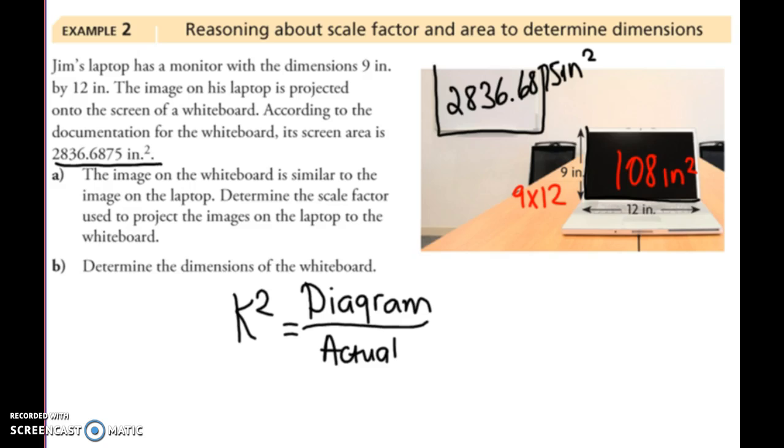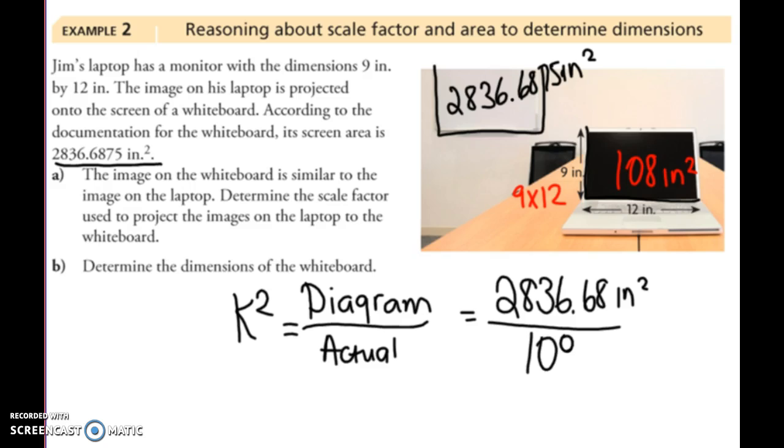So our whiteboard area is 2,836.68 inches squared, and our actual is 108 inches squared. Our actual screen is this size, and the projected, which is the scaled up version, is 2,836.